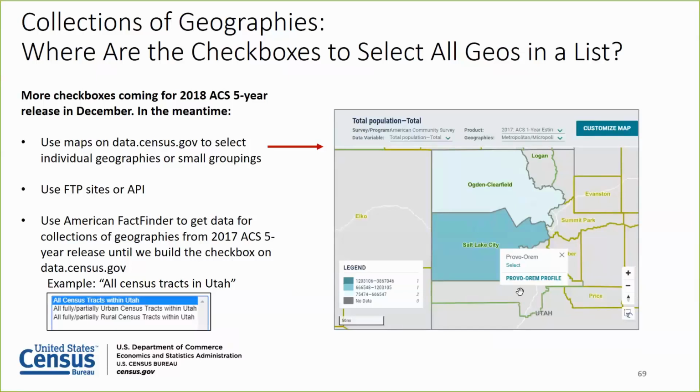You can individually select the geographies or the small groupings. You could also use the FTP site or the API as a workaround. And then if it's not the latest 2018 ACS data, you can go to American Fact Finder to get those collections of data and to be able to use them in those easy checkboxes. But please know we are working on including all of those for the 5-year when it's really necessary.